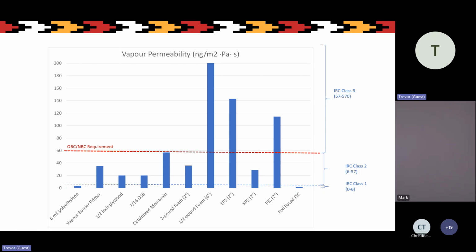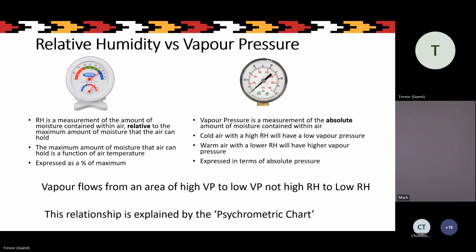So something that can slow down vapor, and they can call out different times when a class 3 might be fine, depending on different conditions, mostly the climate, or maybe a class 2 would be fine, maybe class 1. So there's not much subtlety in our codes here in Canada, but in the US and in the international codes, there's a lot more subtlety to it. And I think you'll see why that's a good thing as we go forward here.